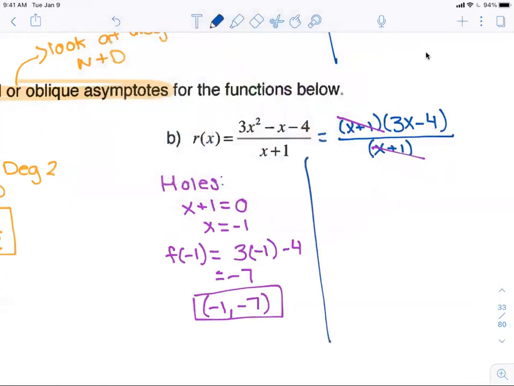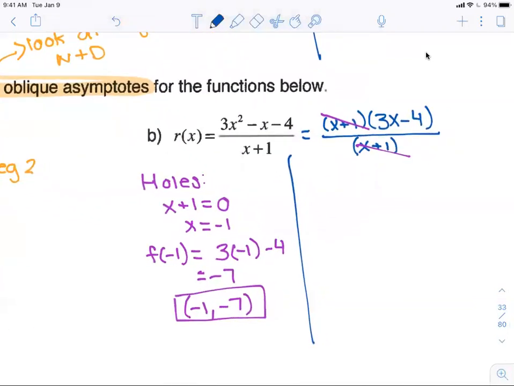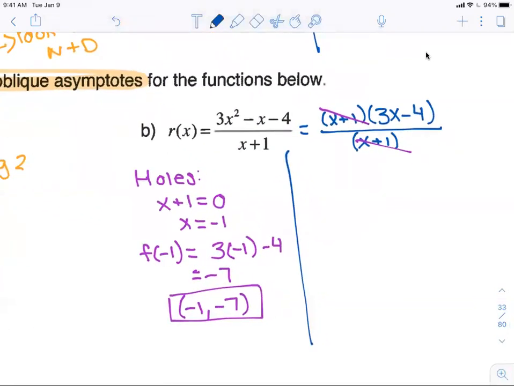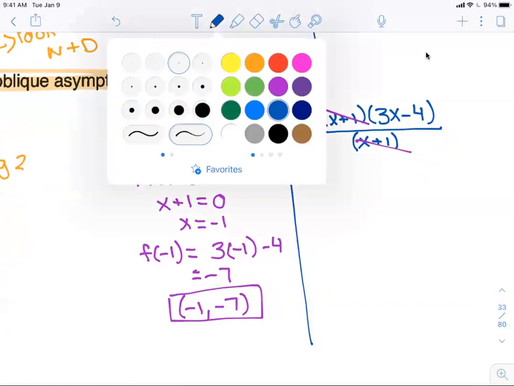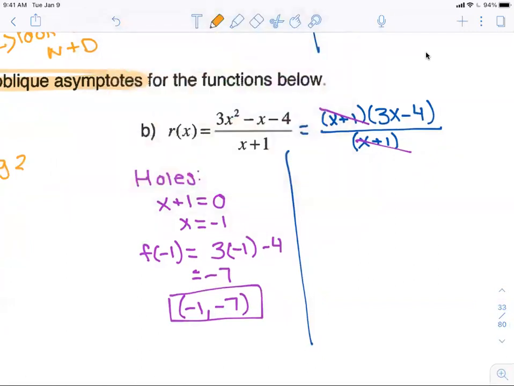Now let's take a look at the degree. When you look at the lowest terms, the numerator has a degree of 1, and the denominator degree is equal to 0. So the numerator is greater than the denominator. This is the one where you have to use synthetic division.